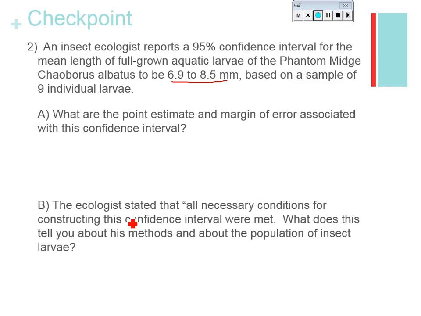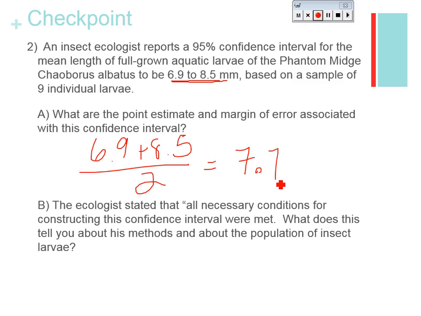So the point estimate for this is going to be essentially the middle value of 6.9 and 8.5. So if I did here 6.9 plus 8.5 divided by 2, if I found what the midpoint for that was, that would tell me what the point estimate for this would be. So if I did that, this comes out to be roughly about 7.7.